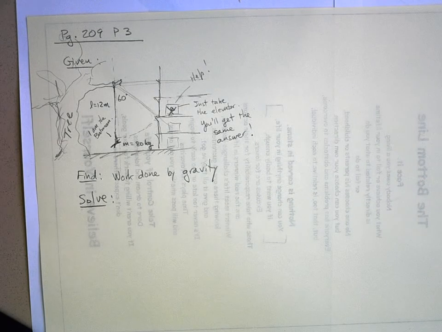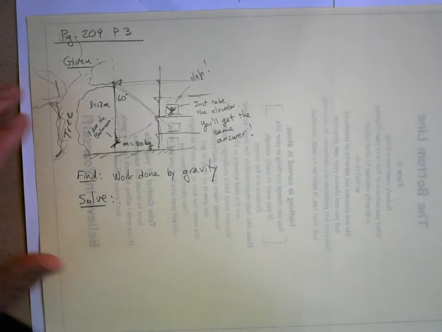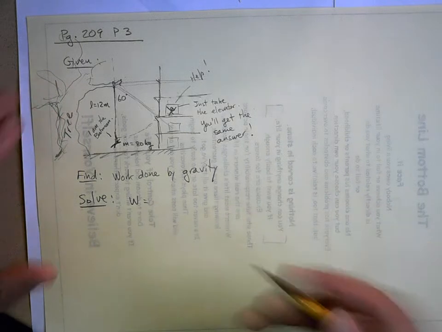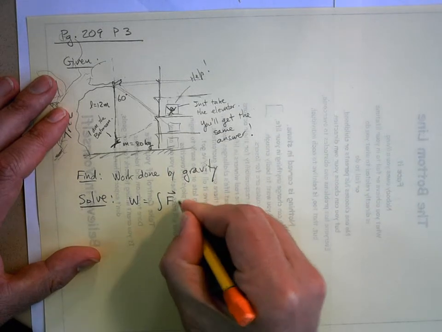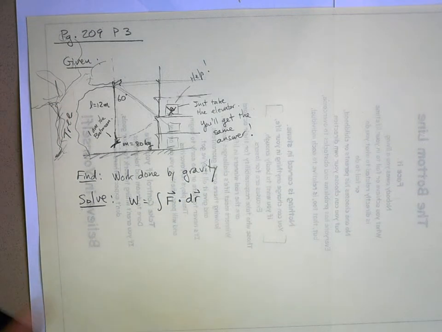So what we want to know is how much work was done by the gravitational force on Batman in this maneuver. So we have an equation for work. And by the way, let's start with the most complicated, advanced one: F dot dr, or ds.